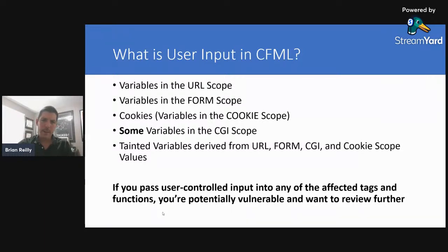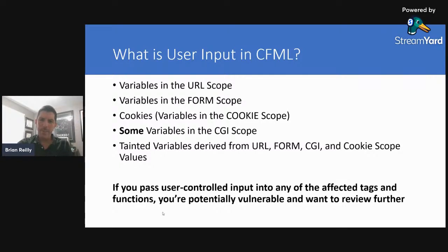So let's say you take in some data from a URL parameter and then immediately use that to create another variable. Well, that's something that's tainted and something that a user may be able to control. Same thing goes if you take that data in, pass it to a function, and then store the result or the return value of that function. Depending on how all the pieces are working, the user may be able to do something unsafe.